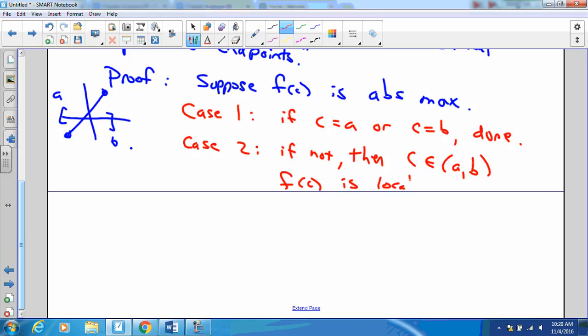So that f of c is a local max as well. And what do we know about local maxes? They occur at critical points. By Fermat's theorem. Good. Yeah, that's how it's done.